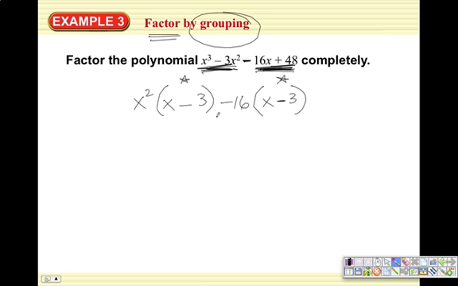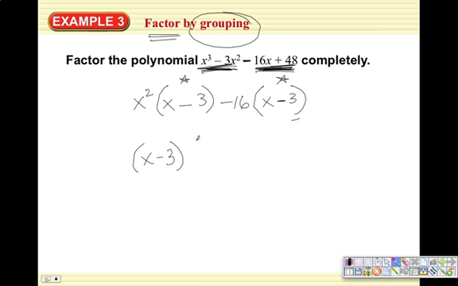So basically right now, that is your GCF. Like, this is common in both terms here. So if this is all one term, that's common. If that's all one term, that's common. So what we're going to do is we're going to pull that out. We're going to pull x minus 3 out.